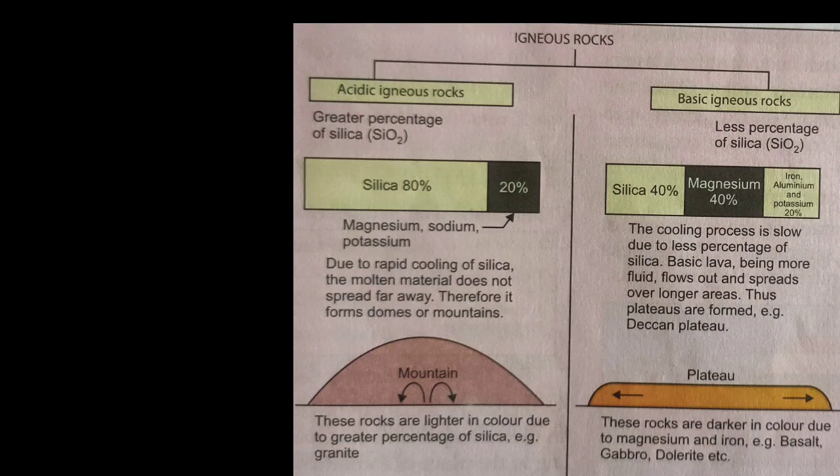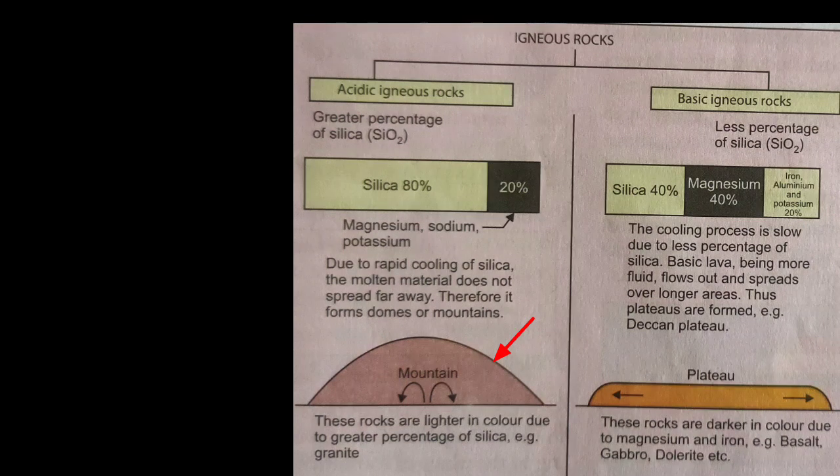Now this is due to the rapid cooling. In the case of acidic igneous rock, 80% silica and 20% magnesium, sodium, and potassium, this is due to the rapid cooling of silica, and the molten material does not spread far away. Therefore it forms domes or mountains.